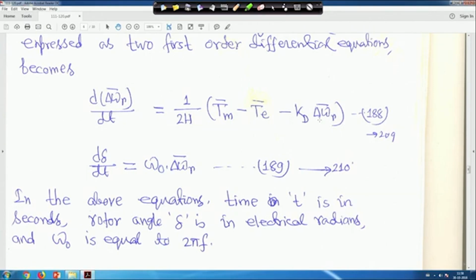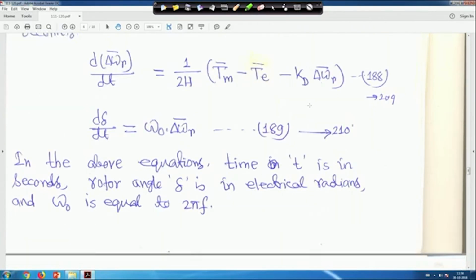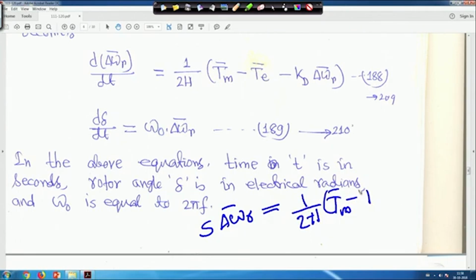If you take the Laplace transform on both sides, I am not again and again making these quantities functions of s, only s I will put. This way you can write.